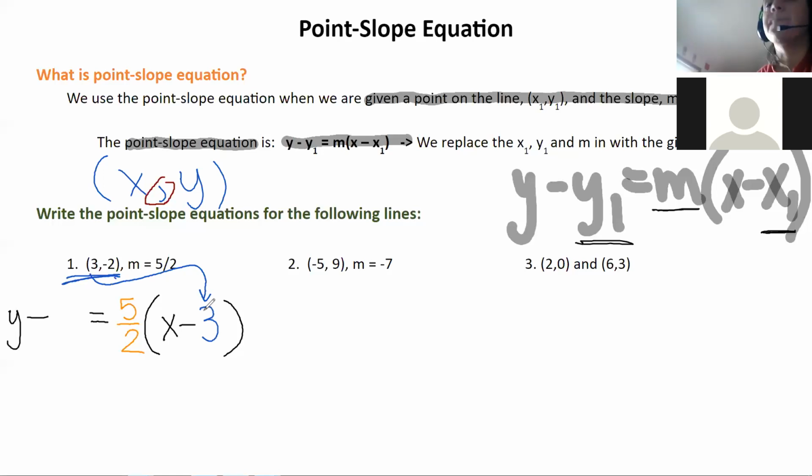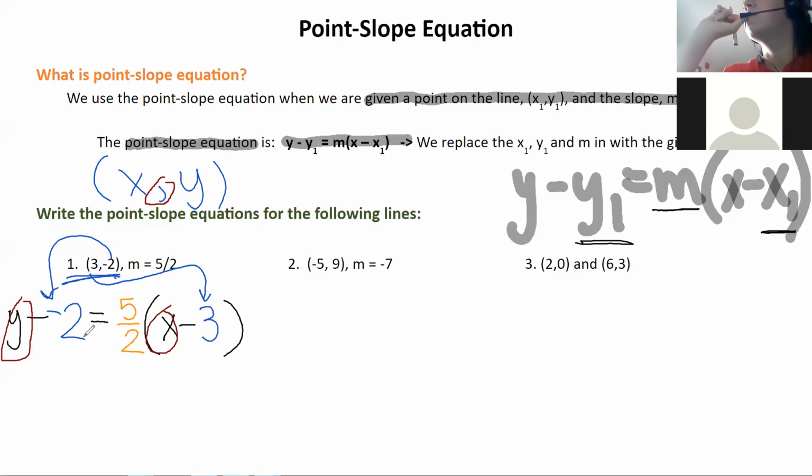Okay? And that means the other one is my y. So I'm going to take that y and put it in next to the other y. Only now I have to do one last tiny little thing to simplify the first part of my equation. What should I do? What just doesn't look right? What looks kind of weird? Yeah, it's in that part.